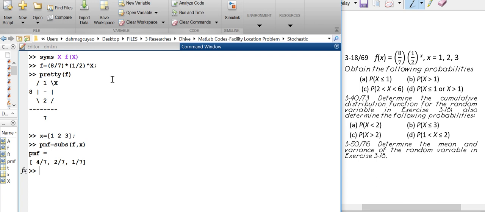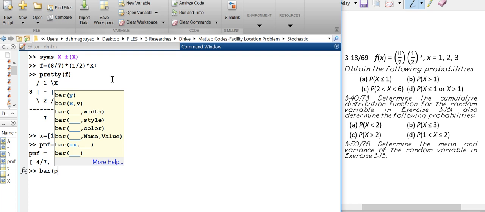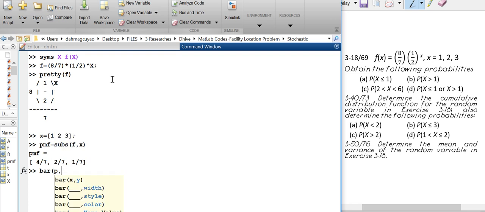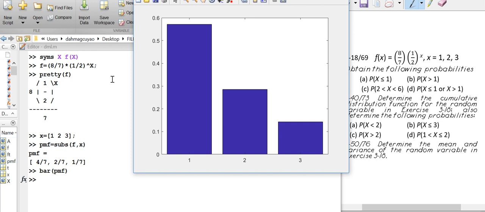If we add these, 4 over 7 plus 2 over 7 plus 1 over 7, it would be 7 over 7. So we satisfied condition 2. And if we plot this using a bar chart, the bar chart for the PMF would be like this.